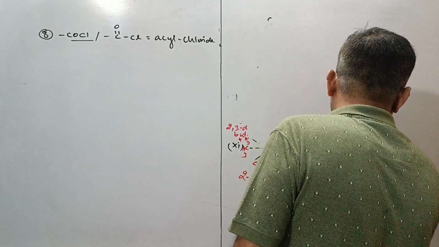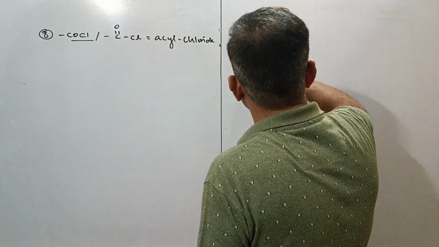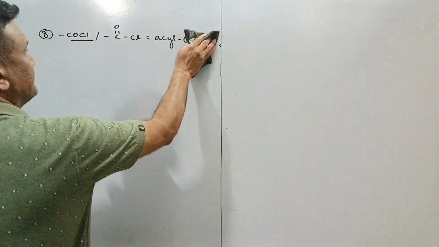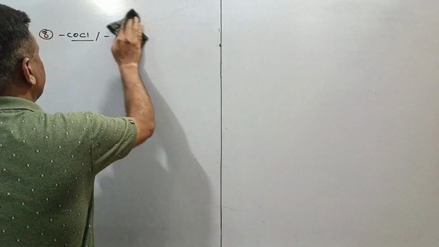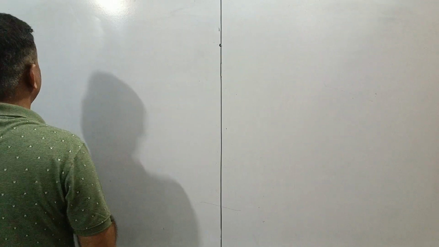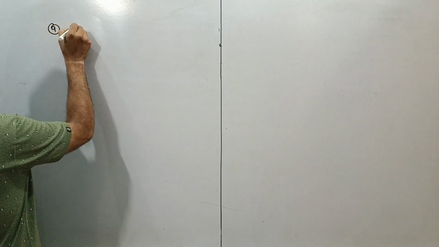That is too easy also. That is similar to the carboxylic acid, and that is your ninth function group, the amide.